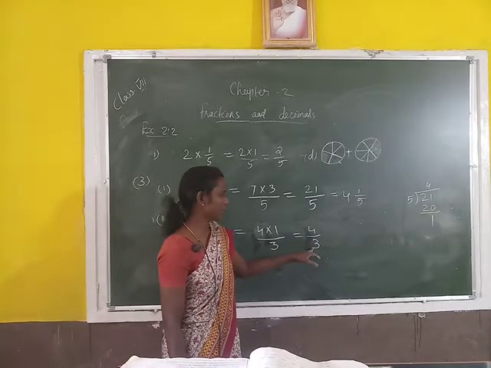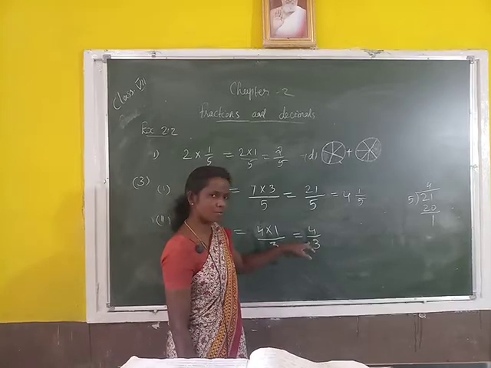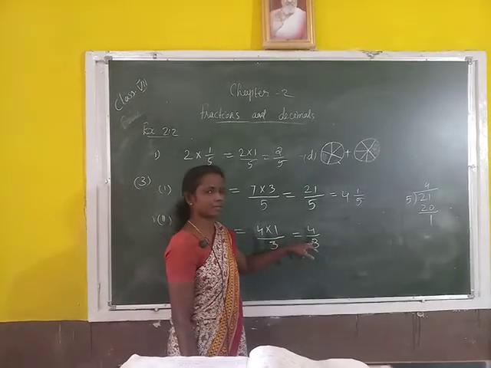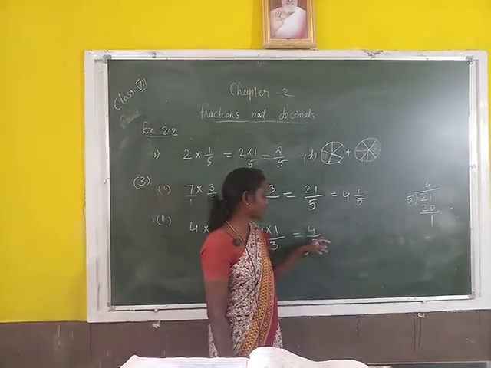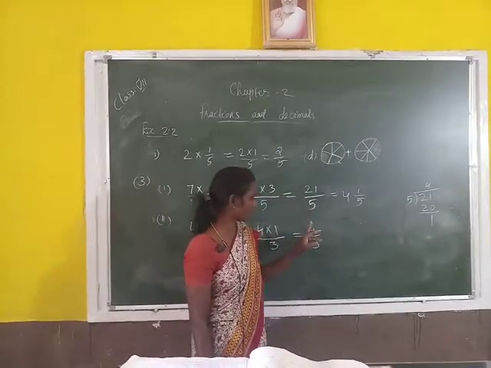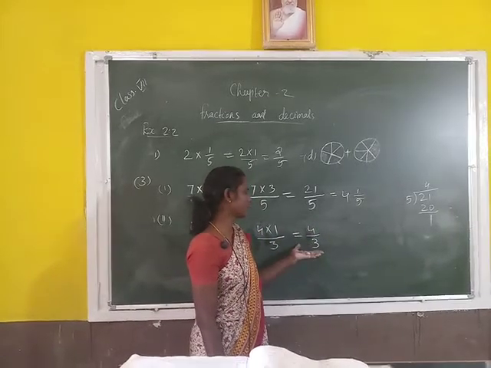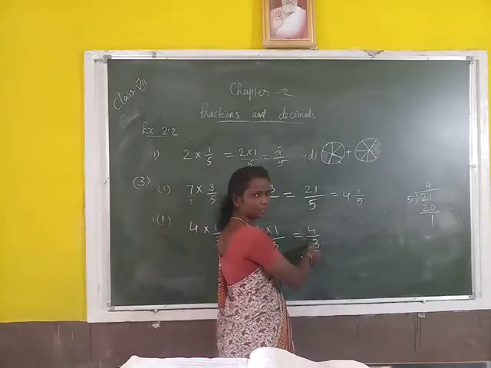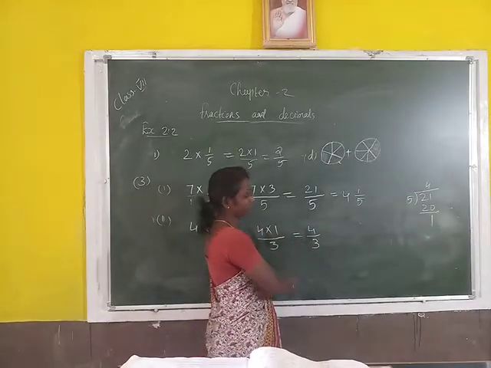Is this the lowest form? Yes, because 4 and 3 cannot be divided by any other number except 1. So this 4 by 3 is the lowest form, standard form.